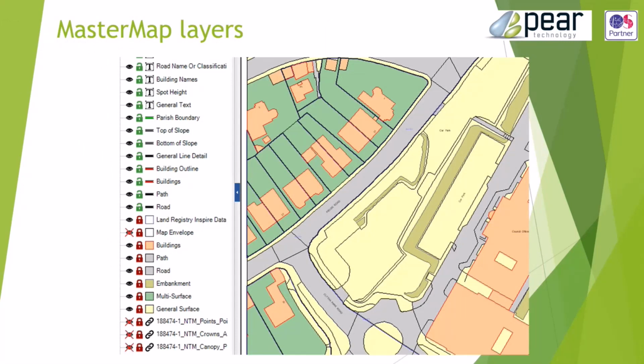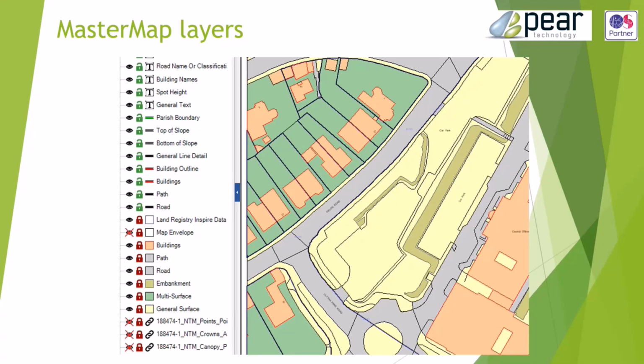So I mentioned Ordnance Survey Master Map data. Here's an example. In terms of how this is shown on a map, what you get is a number of layers. So we've got some example layers there: building names, building outlines, importantly, Land Registry INSPIRE data.